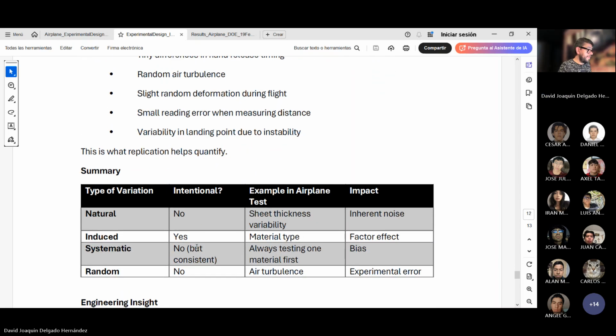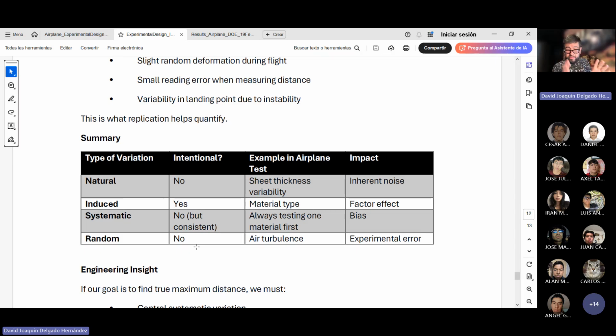Okay, so to sum up, we have 4 different variations: natural, induced, systematic, and random. The natural is not intentional. The induced, yes, it is intentional, but the systematic and random are not intentional. Okay, and here are some examples that we have in the airplane case.